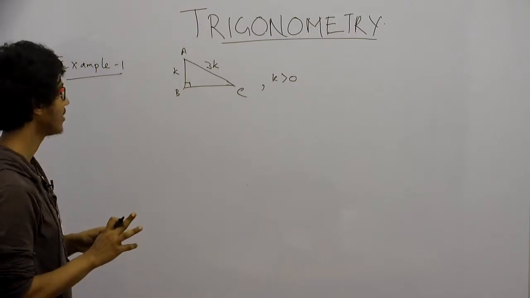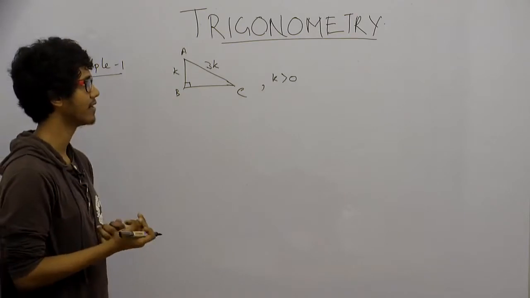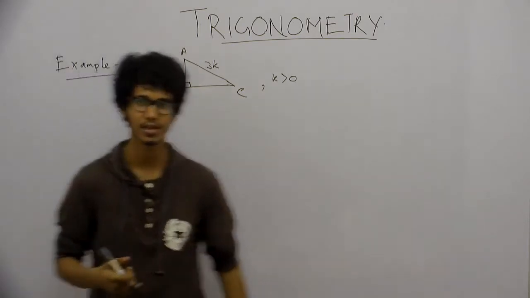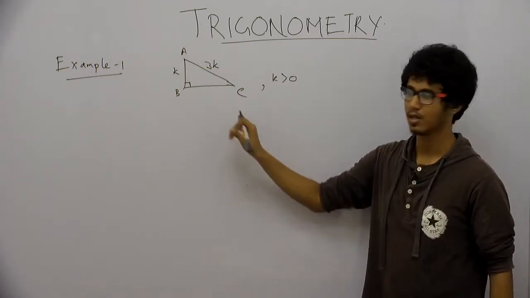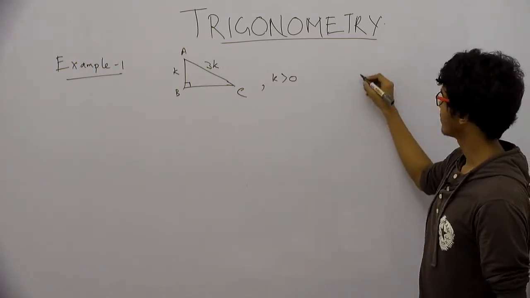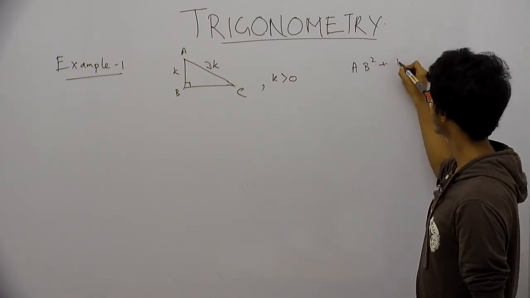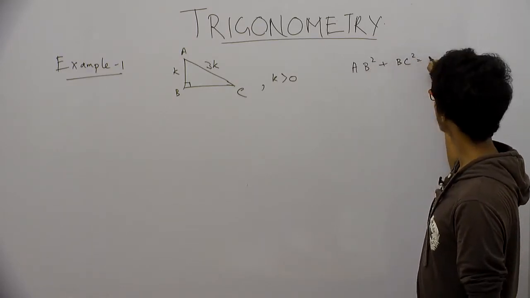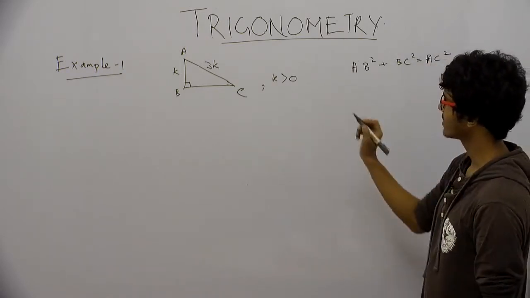Now, how do we approach this problem? Of course, we have learned the Pythagoras theorem in previous classes. So let's start with finding the length of BC. Now, what does the Pythagoras theorem state? AB square plus BC square equals AC square. Now, we already know the value of AC and AB.